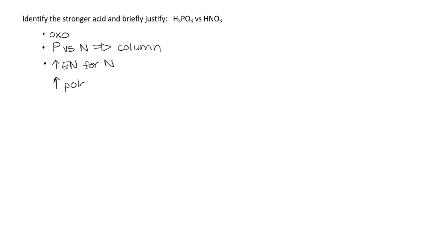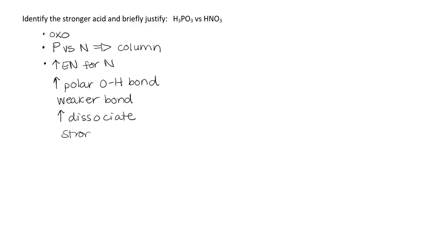So there's a more polar OH bond in the nitrogen-containing acid, and that more polar bond means there is a weaker bond. And the weaker bond means it is easier for that hydrogen ion to dissociate, which leads to a stronger acid. So in this example, the stronger acid is nitric acid.